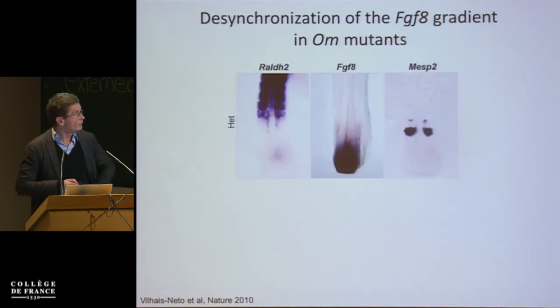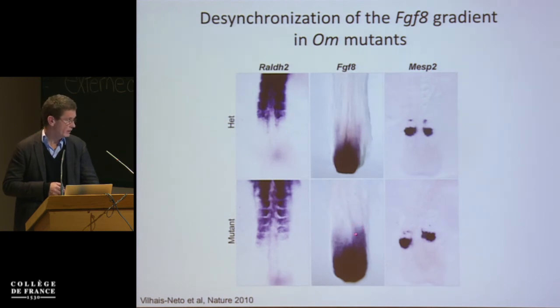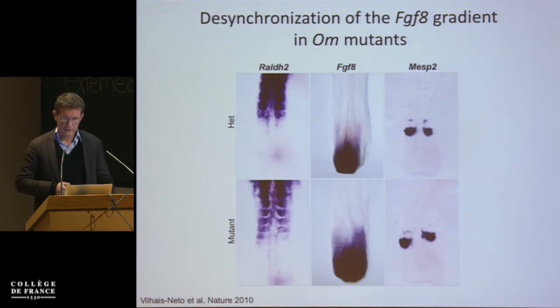So in the open mind mutant, there is also a striking phenotype at the level of the components of the clock and the wavefront. And so what Gonzalo saw is that there is a striking desynchronization of the FGF8 gradient, which also pushes the anti-Raldh2 gradient, and leads to the desynchronization of the stripes that is visualized in this delay of somitogenesis.